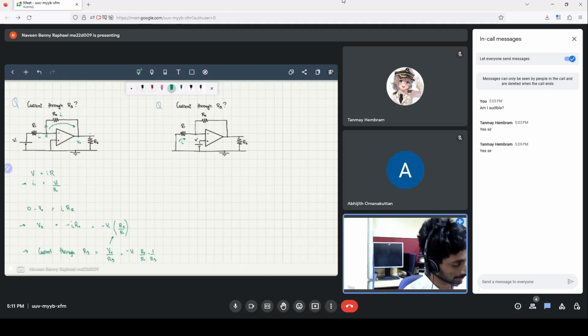Since the potential there is V, when you write the, we'll call this Vi again, just so that we don't get confused.